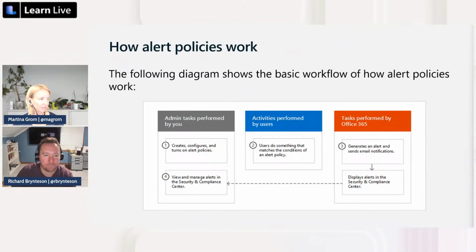And in that diagram, you see how the basic workflow of an alert policy works. First of all, you create the policy, then you perform actions, and then the alert is generated and triggered, and it sends an email if you still want to get emails for every single alert.